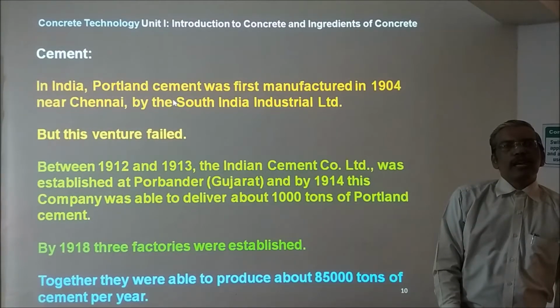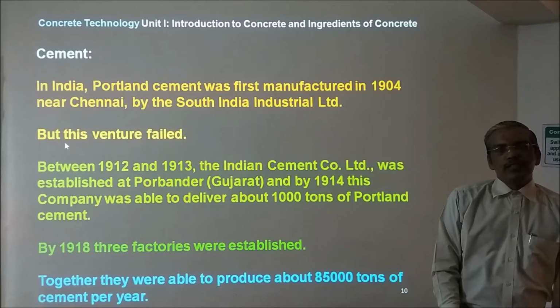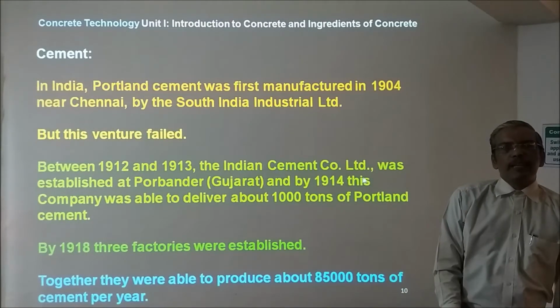In India, Portland cement was first manufactured in 1904 near Chennai by the South India Industrial Limited, but this venture failed. Between 1912 and 1913, the Indian Cement Company Limited was established at Porbandar in Gujarat, and by 1914, this company was able to deliver about 1,000 tons of Portland cement.